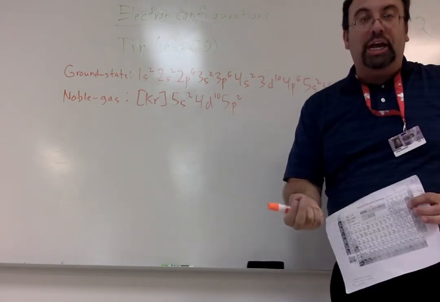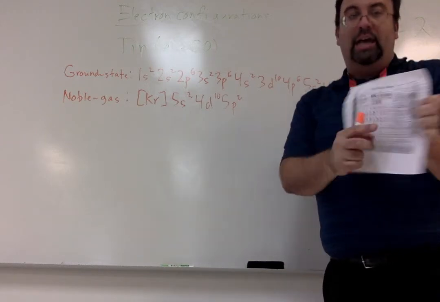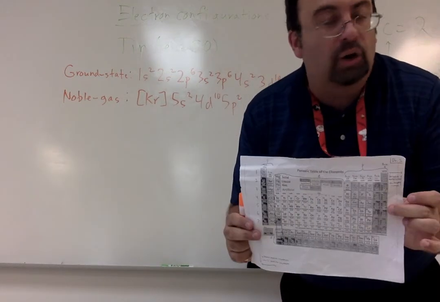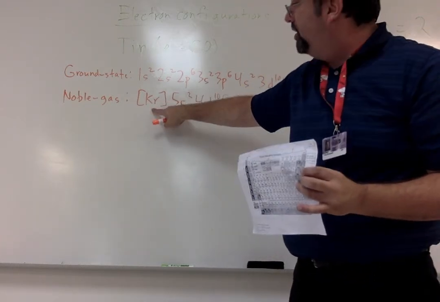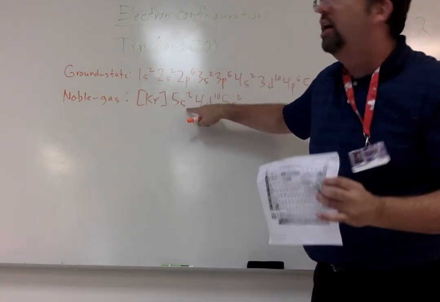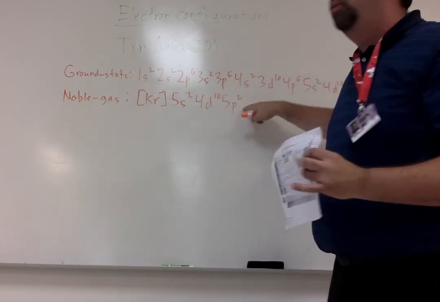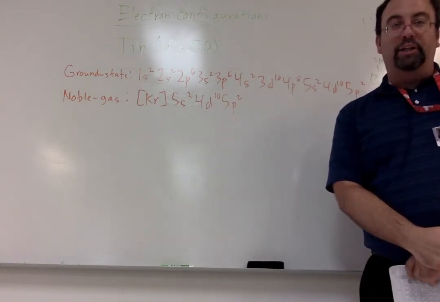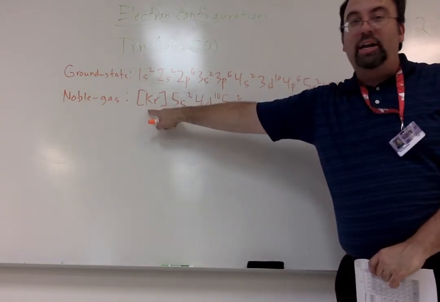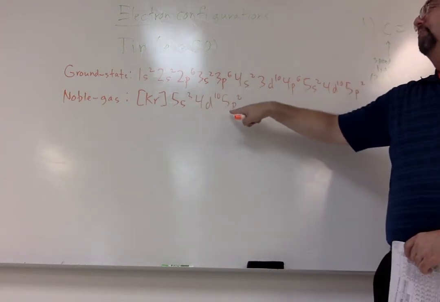We can also check this to make sure that it adds up to 50. Krypton has an atomic number of 36, so it also has 36 electrons. 36 plus 2 is 38. 38 and 10 is 48. 48 and 2 is 50. So this is the correct noble gas configuration for tin. Krypton in square brackets, 5s2, 4d10, 5p2.